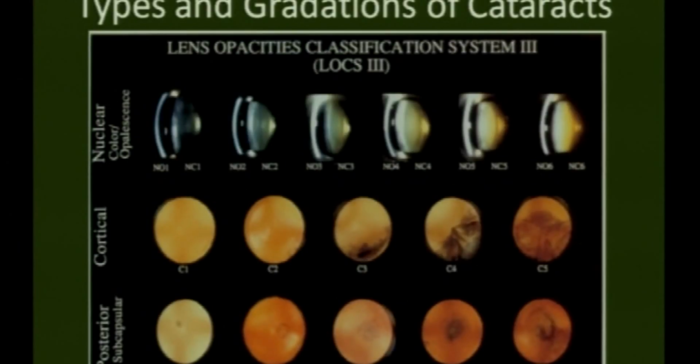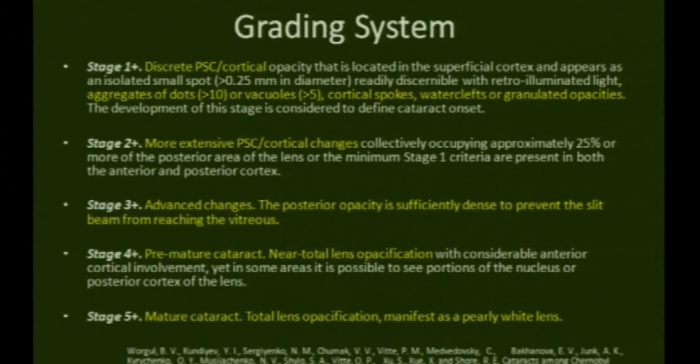We all know this. These are the classification, one of the classification of lens opacities, but the one that we're really interested in would be the posterior subcapsular, as it develops from very little to much further. And you'll see why we're looking at posterior subcapsular.